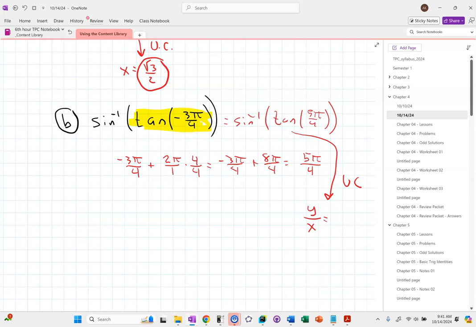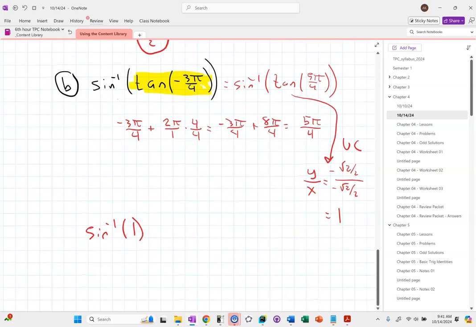The y coordinate is negative root 2 over 2. The x coordinate is negative root 2 over 2. So what do I get when I divide negative root 2 over 2 by negative root 2 over 2? Just 1. So what we have now is just sine inverse of 1.